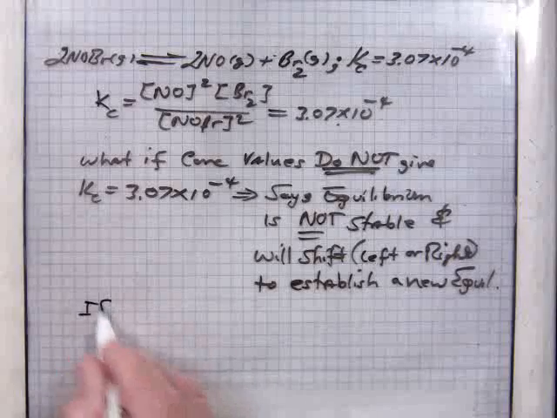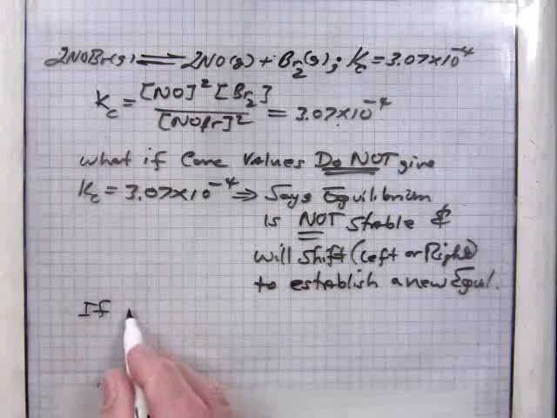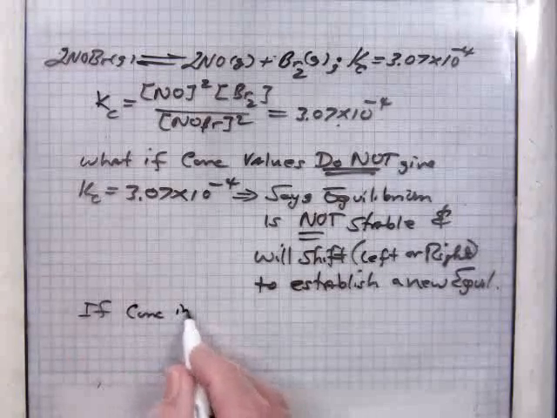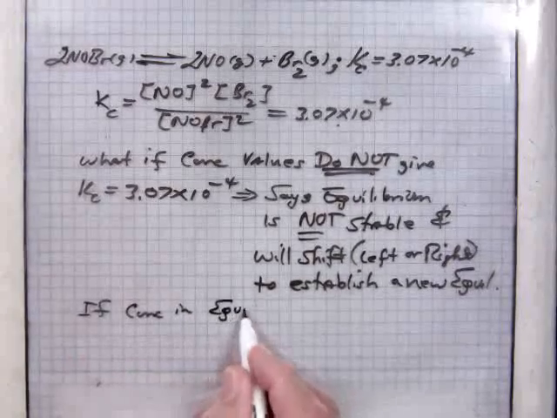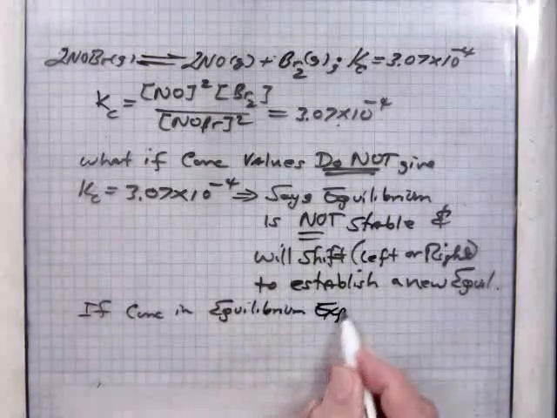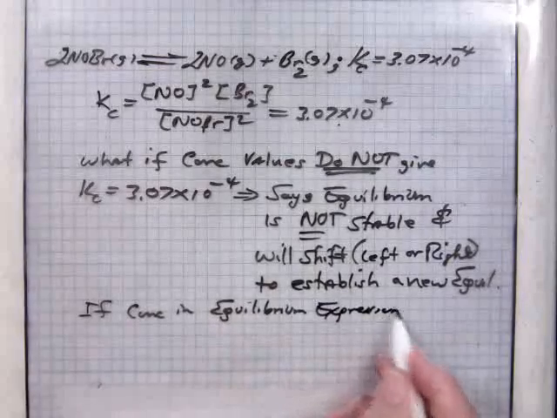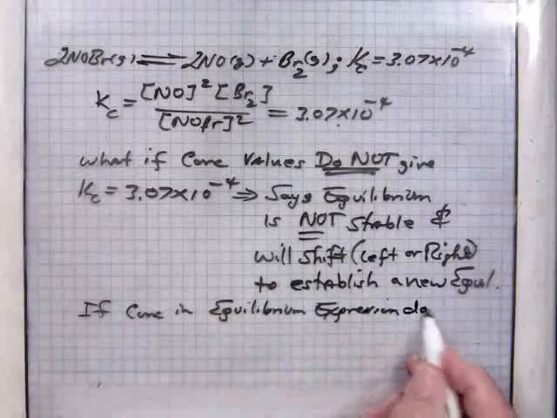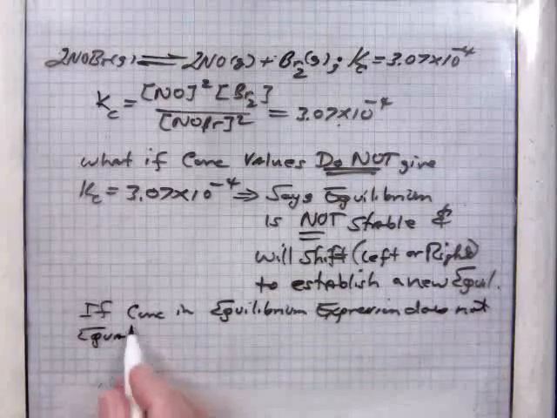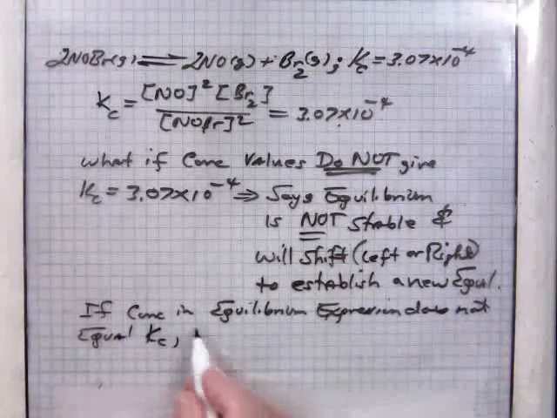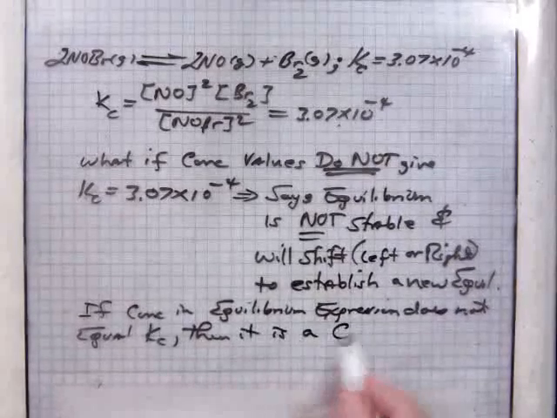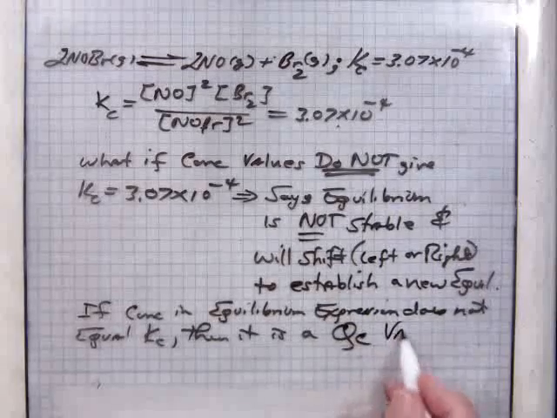If concentrations in the equilibrium expression do not equal Kc, then it is a Qc value.